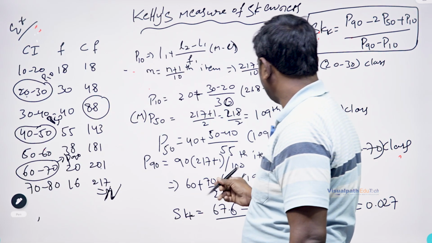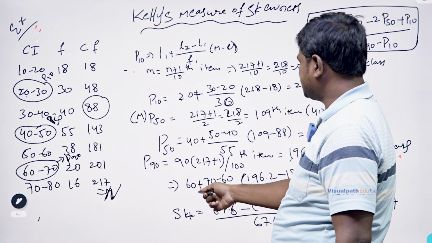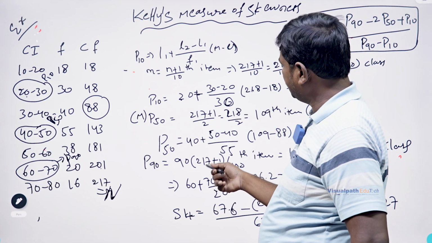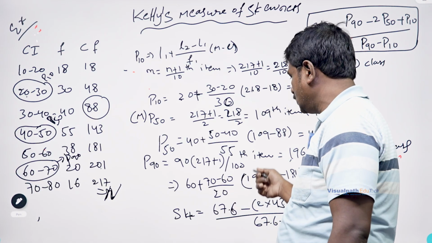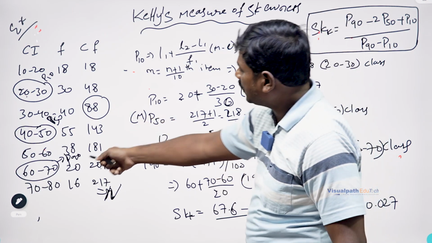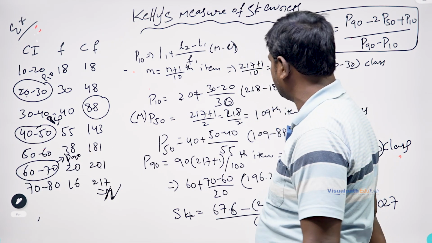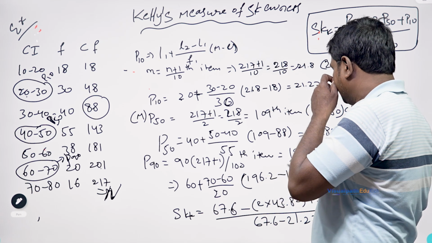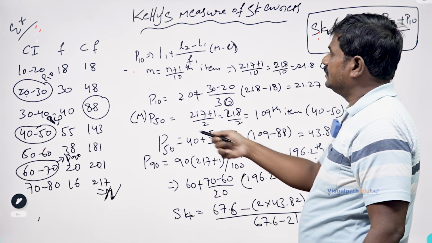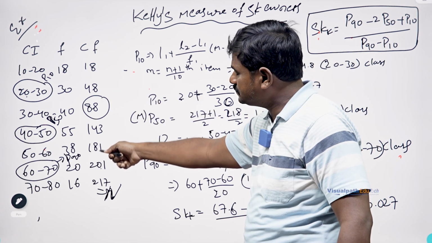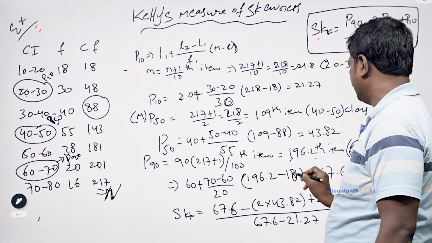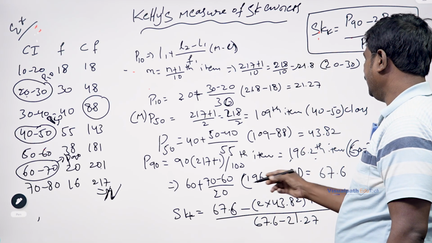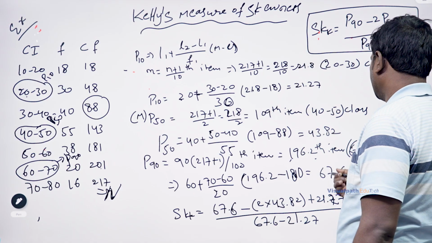So P90 is equal to 60, the lower limit of the interval, plus (70 minus 60), upper limit minus lower limit, by the frequency of this class, which is 20, into (196.2 minus 181), where 181 is the cumulative frequency preceding this class.